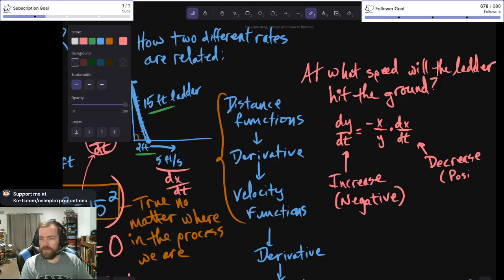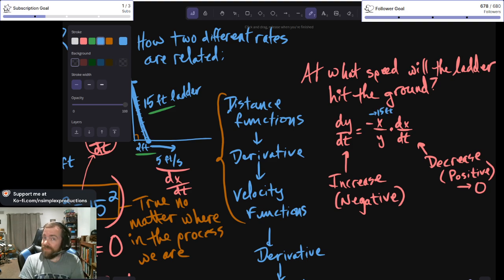It's going to be positive, but it's going to be going to 0. Now, interestingly enough, when you start looking at something like this, your x is going to start approaching 15 feet.